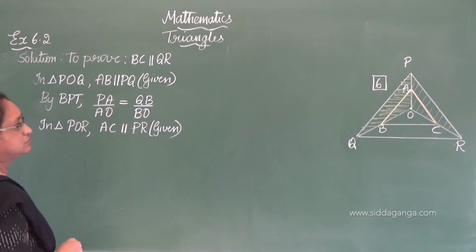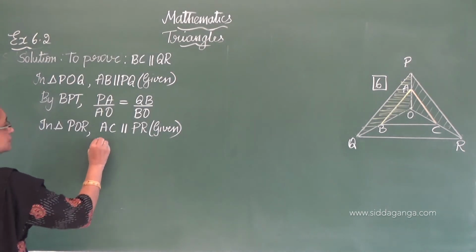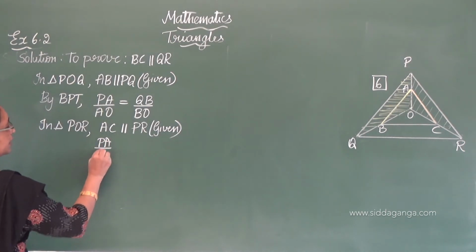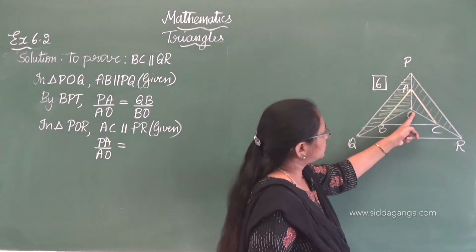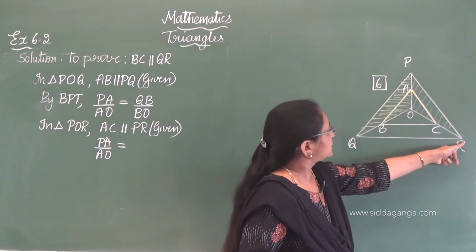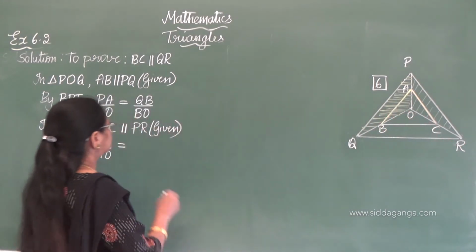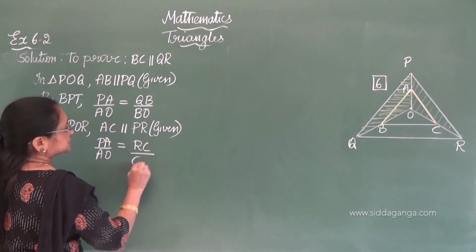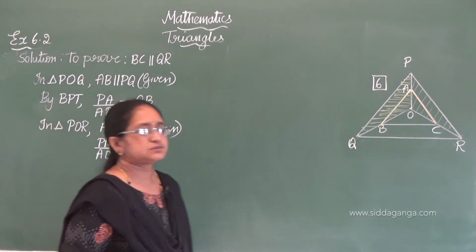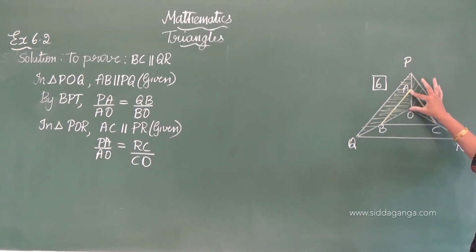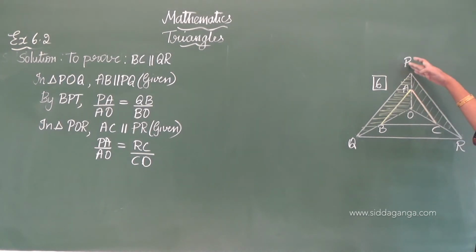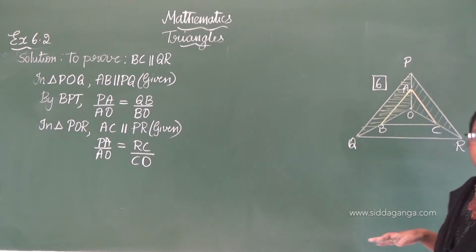Now, therefore, what can I write? PA by AO is equal to RC by CO. Please observe the figure. See here, PA by AO is equal to RC by CO, since AC is parallel to PR.